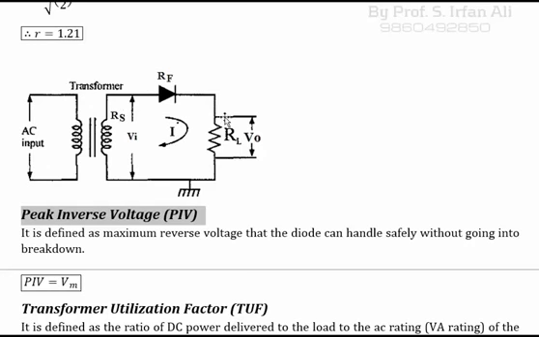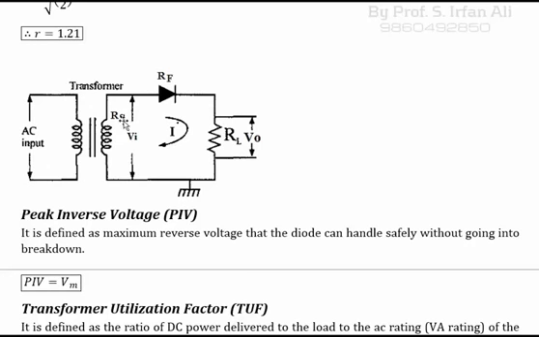So if current is 0, the drop across RL will also be 0, because using Ohm's law, VO, output voltage, can be found out as V equals I into RL. VO equals current into RL. Because current is 0, VO will also be 0. So no drop will occur across RL.